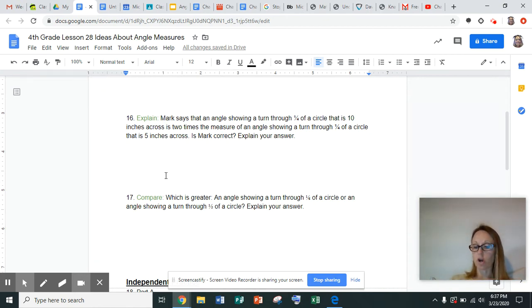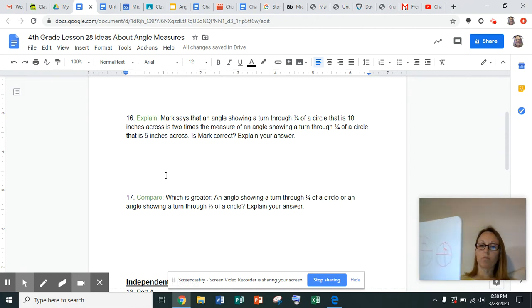Okay? But if you think about a circle, and if you think about dividing that circle into 4 parts, or if you're showing 1/4 of that circle, 1/4 of that angle measurement, it doesn't matter how many inches across the circle is. It doesn't matter the size of the circle. If that circle is divided into 4 parts and you're looking at that angle measure, it does not matter the size of the circle. We're still talking about that angle measure.